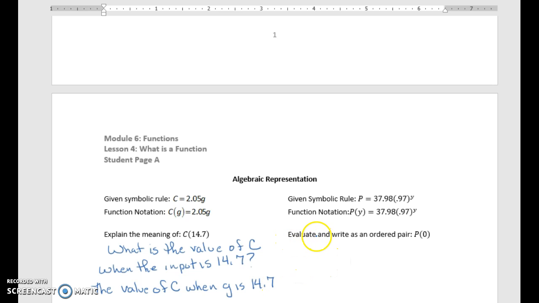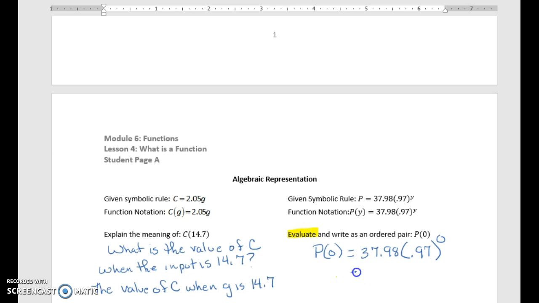Now here we're actually asking to evaluate. So we're going to evaluate and then write the ordered pair based on that. We know that here's our symbolic rule, here's our function. So P of 0, it's saying whenever I have y is 0, I'm going to replace the y with 0, so 37.98 times 0.97 raised to the 0 power.